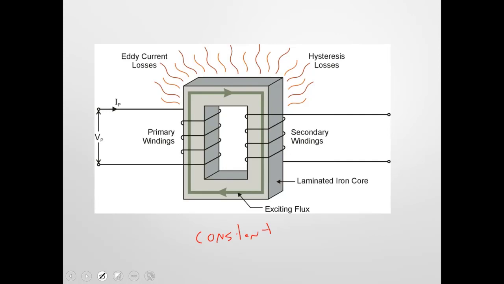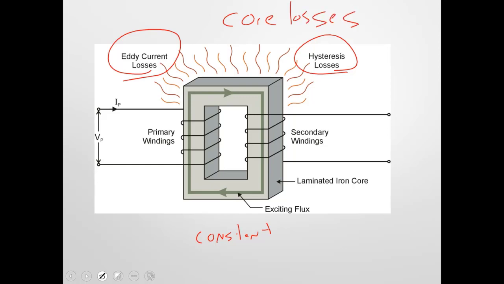Two of the things that make up core losses, and you guys studied a little bit about iron cores in previous years, are eddy currents and hysteresis. As good as a transformer is, it's a very efficient machine because it has no moving parts, but it still does have some losses.